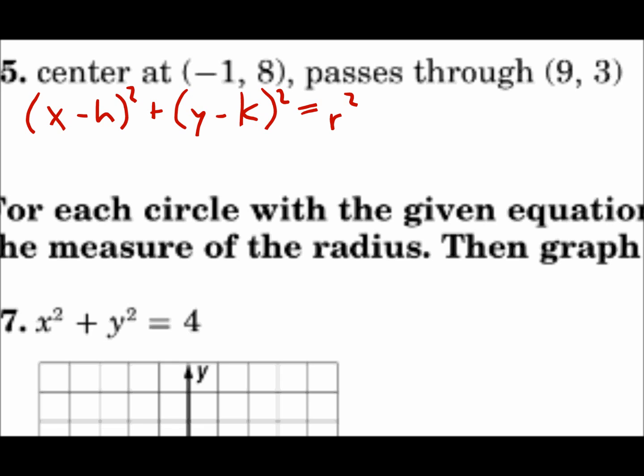Number 5, the center is at (negative 1, 8), and it passes through (9, 3). (Negative 1, 8) will be my (h, k), but I don't know the radius. I do know, however, the center point and a point that circle passes through.